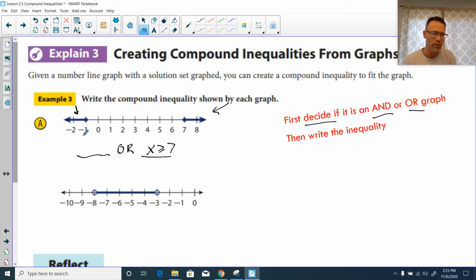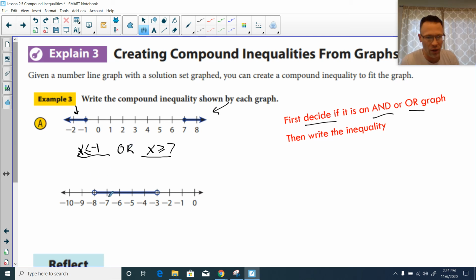And then look at the next one. What is this one going to be? Well, this is graphing values that are equal to -1 or less than that, right? So that's going to be x is less than or equal to -1, sorry. And that's all you've got to do. First decide if it's "and" or "or," and then individually write out what the two inequalities are.